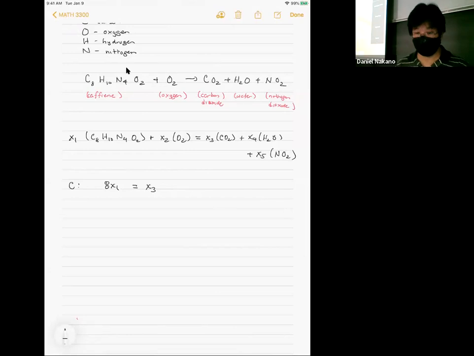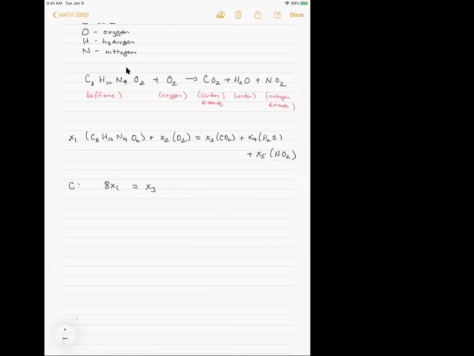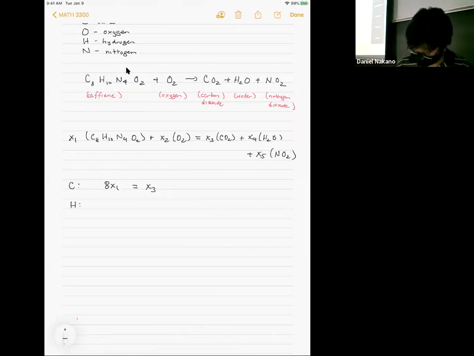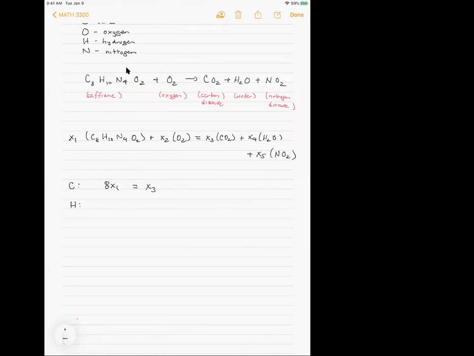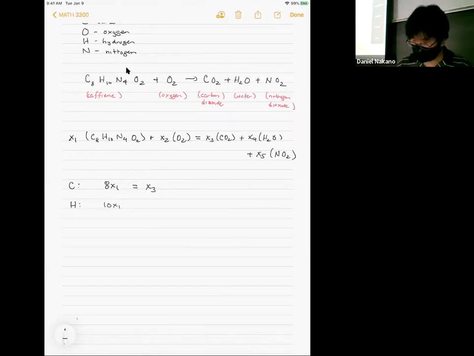Now we compare the hydrogen atoms. In the first one, how many hydrogens? 10, good. None from the next one, none from x3, 2 from x4, and none from x5.